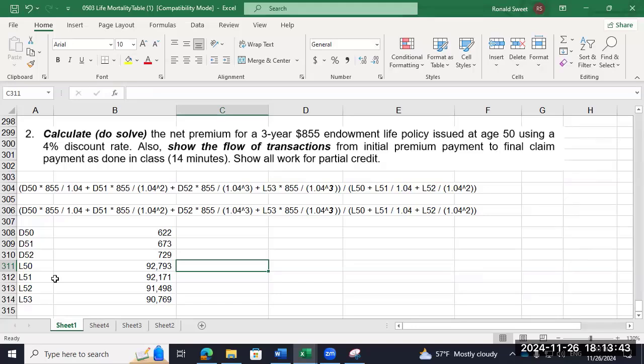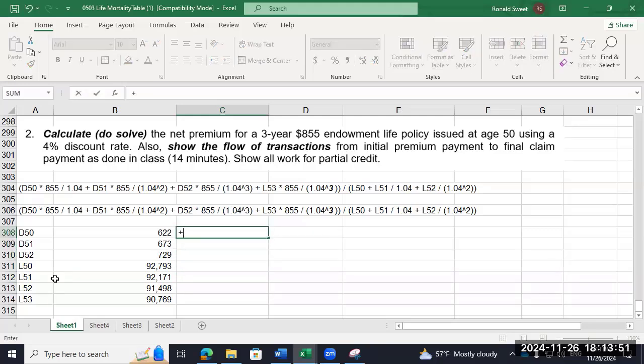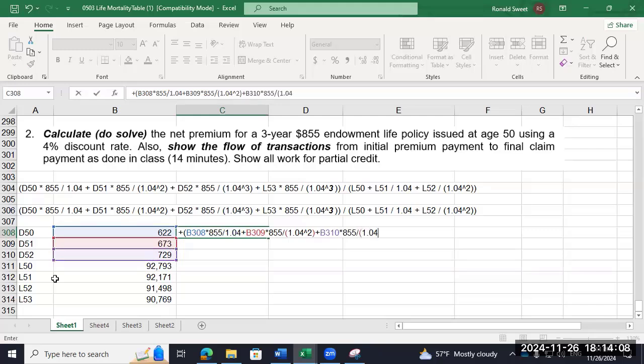You might use the parentheses. You could on the exam, write each piece out if you wanted to, but I'm going to do it like this. I've got D50 times 855 divided by 1.04 plus D51 times 855 divided by 1.04 the second plus D52 times 855 divided by 1.04 to the third plus L53 times 855 divided by 1.04 again to the third.